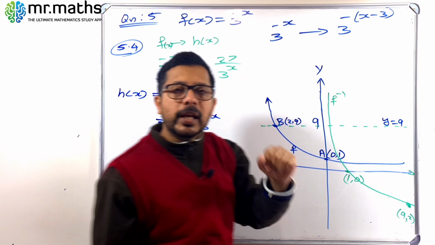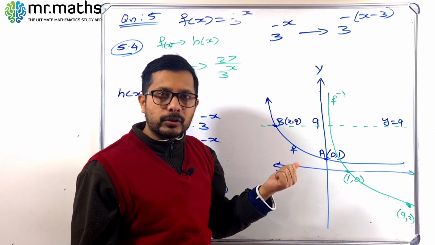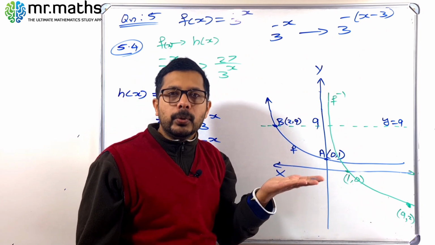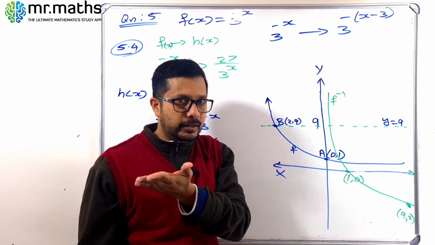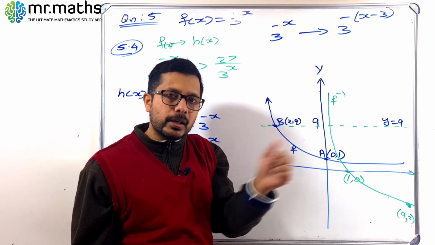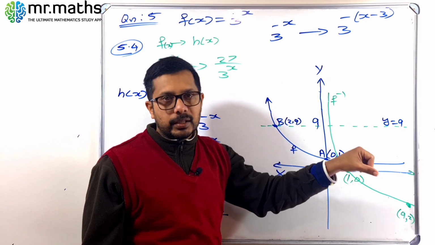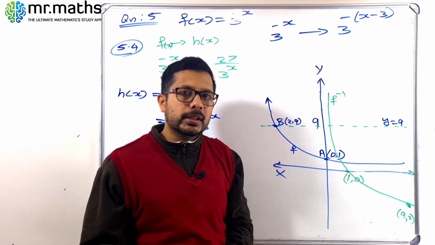When it is x minus 3, what type of transformation is that? 3 units to which direction? Minus 3 is not left. In graph section, it is just opposite. 3 units to the right. So what type of transformation is there?